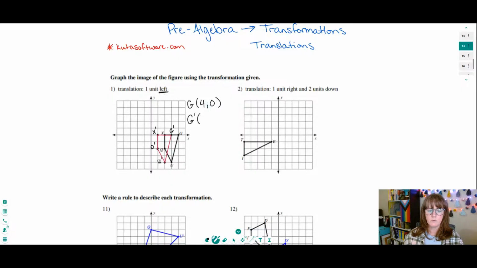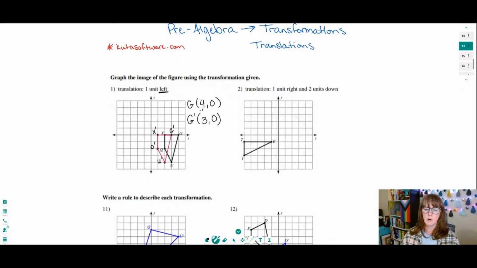So whatever is in our x position there, we're going to subtract 1 since we're moving it to the left. And so 4 minus 1 would equal 3. And then the y doesn't change at all when we are just moving to the left. If they said up or down, that's what would affect the y portion of the coordinates.